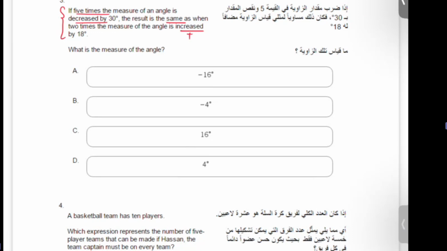Again, 5 times an angle decreased by 30 is the same as 2 times the same angle increased by 18. All you have to do is just solve it. You end up having 3x equals 48. You divide both sides, 48 by 3, and the answer, I think this is question 3, should be C. The answer is 16 degrees. Hopefully that it's clear for you.